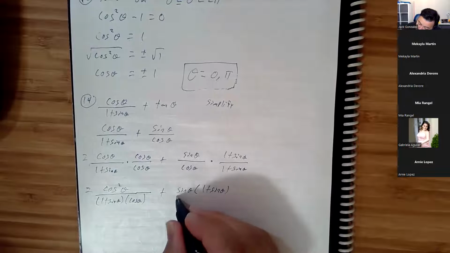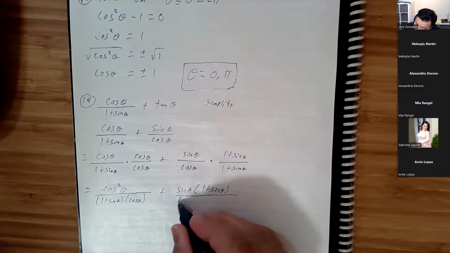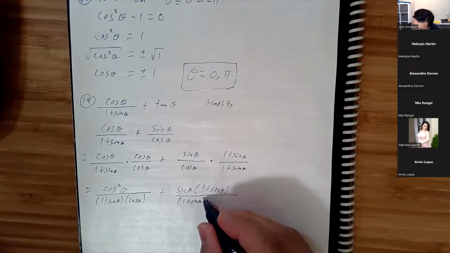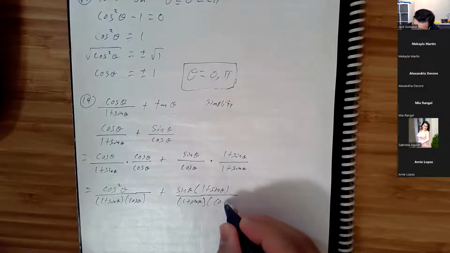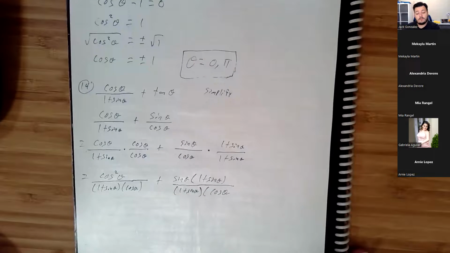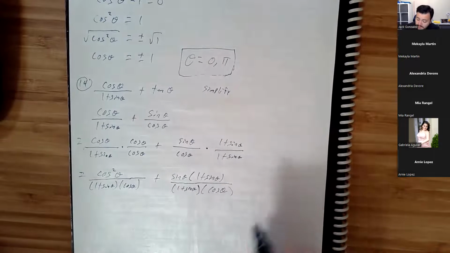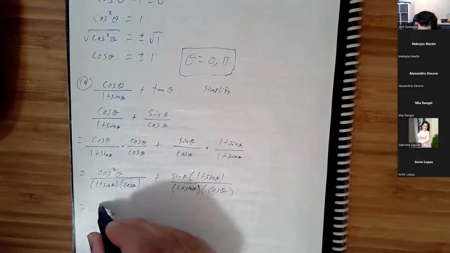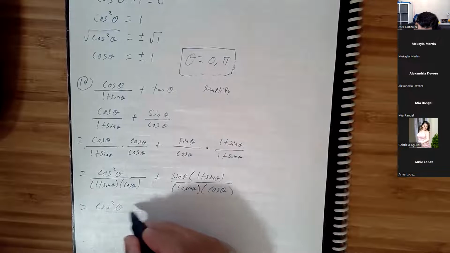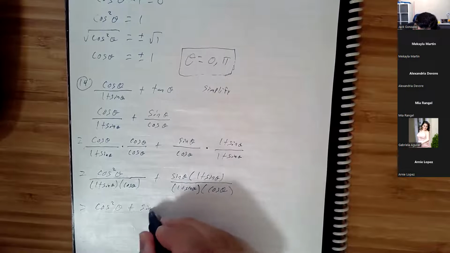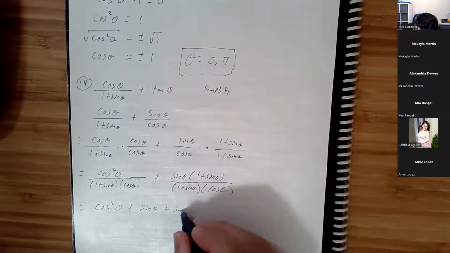I'm not going to multiply just yet. 1 plus sine times cosine. Okay. So the same denominator now. Just add the numerators. You'll get cosine squared theta plus, go ahead and distribute, I guess, sine plus sine squared.